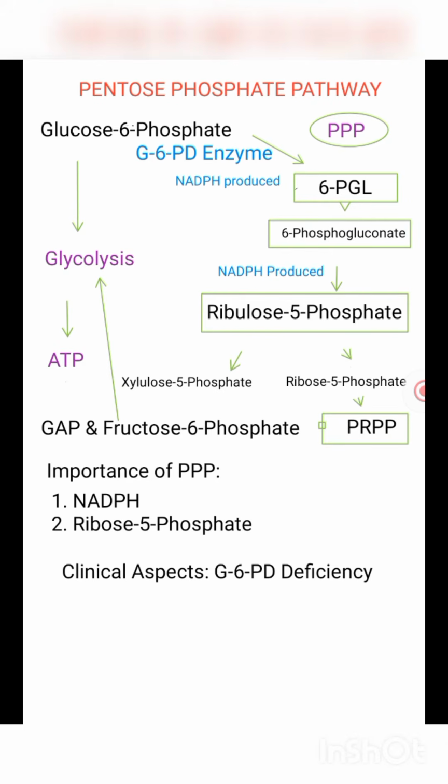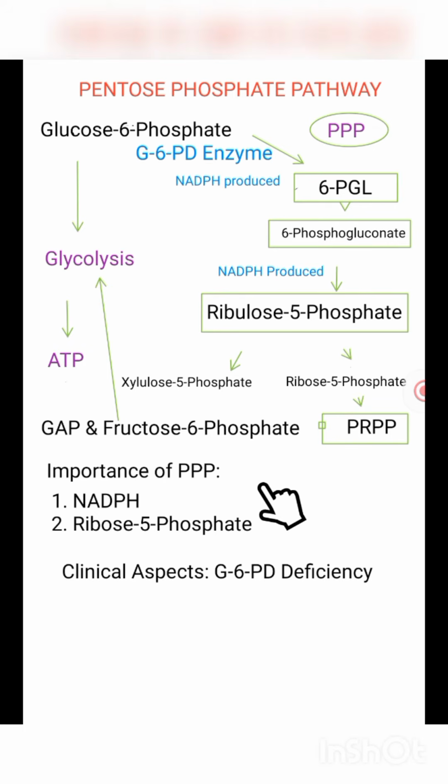Now, another very important role, the third role that NADPH plays, is in reducing oxidative stress in your body. The red blood cells especially have to continuously reduce oxidative stress. Now, how does NADPH reduce oxidative stress? NADPH is important in reducing the oxidized form of glutathione, which in its oxidized form may not be helpful in reduction of oxidative stress.